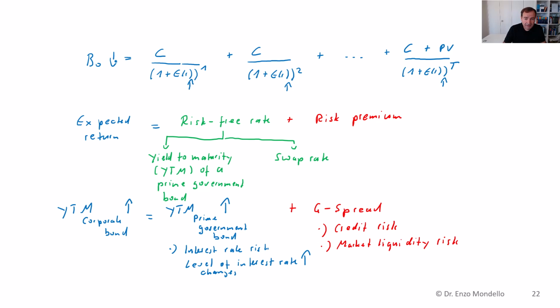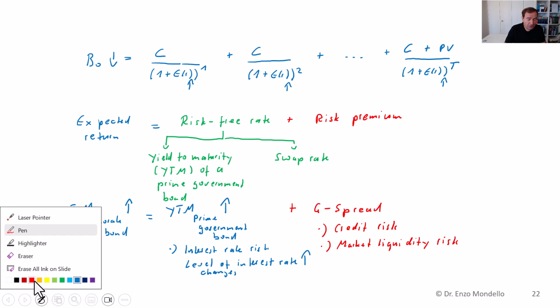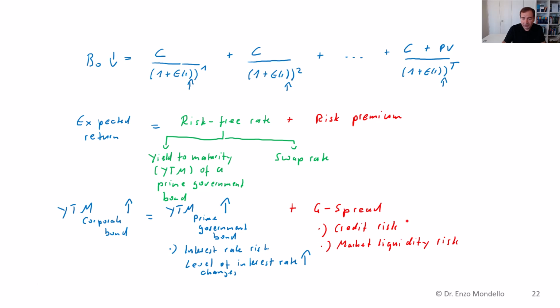Then we see that the bond price can also change due to a change in credit risk. So if the credit risk increases, then this leads to a higher G-spread. A higher G-spread results in a higher yield to maturity of the corporate bond. So a higher return expectation leads to a lower bond price.